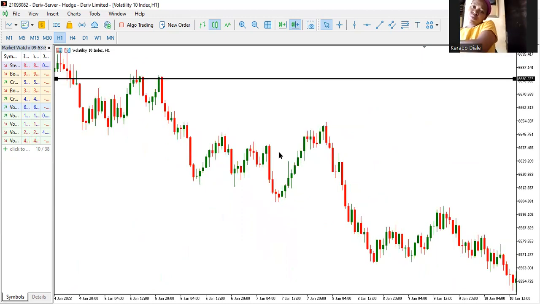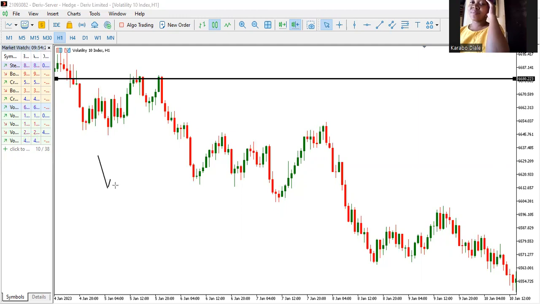So now let's check out more about patterns. We also have this pattern. They call it a flag. If it's a flag, it looks like this.